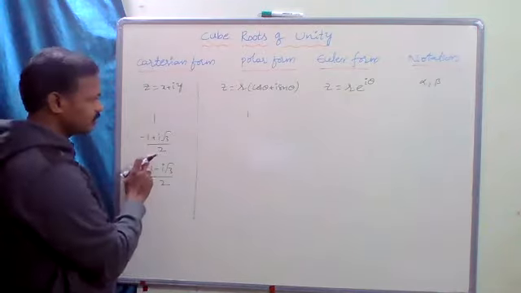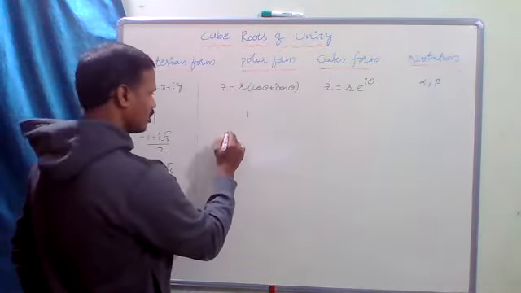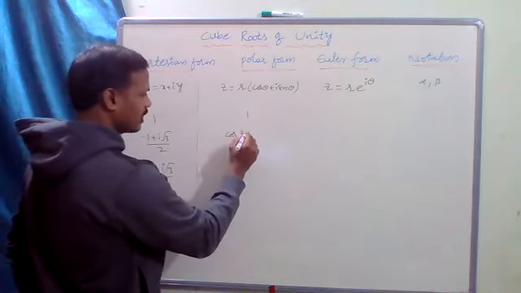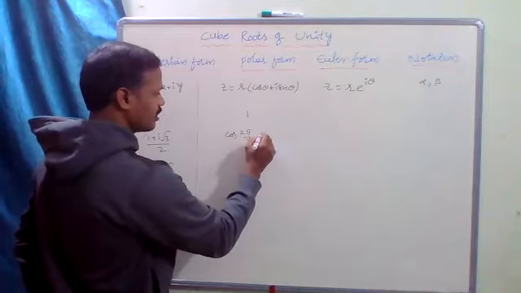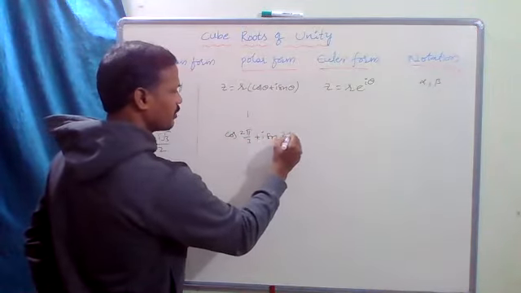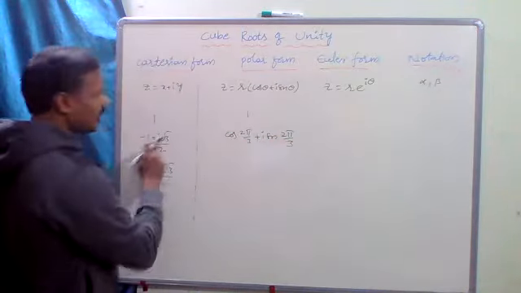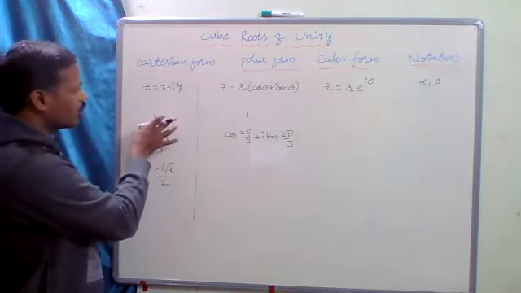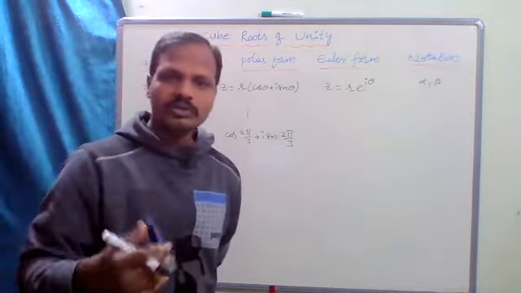Now this one can be written as cos 2 pi by 3 plus i sin 2 pi by 3. R is 1 because we are going to find cube roots of unity.